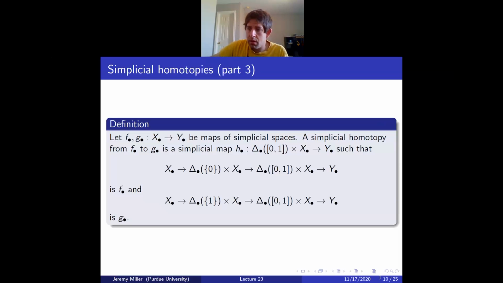So if you wanted to fill in all the details, probably what you'd do is you'd first just check that this definition of simplicial homotopy agreed with the other one, by writing out, hey, what does it actually mean to have a map from here to Y?